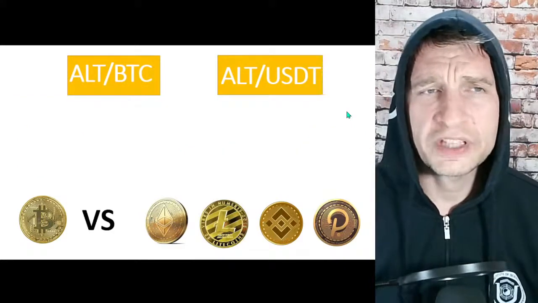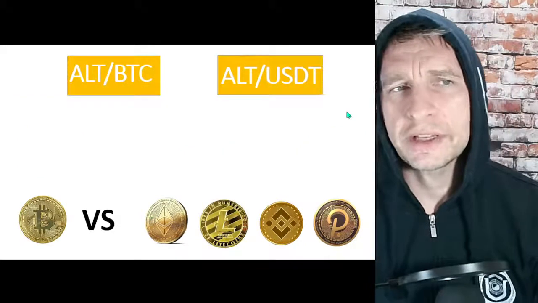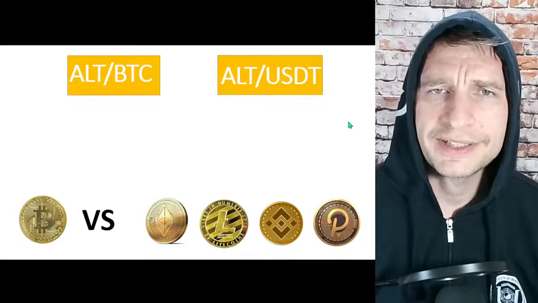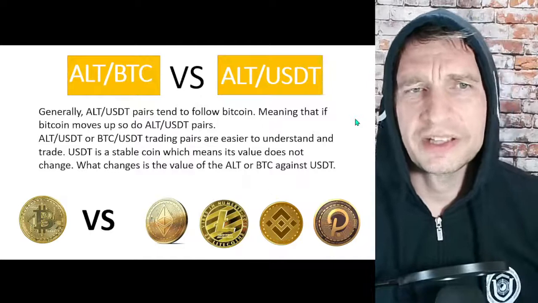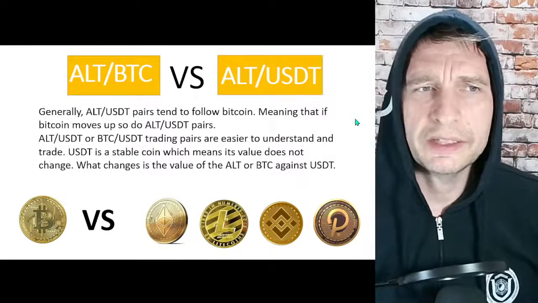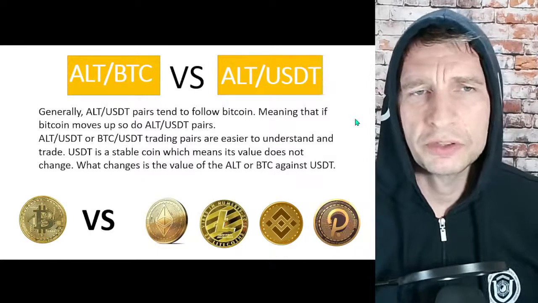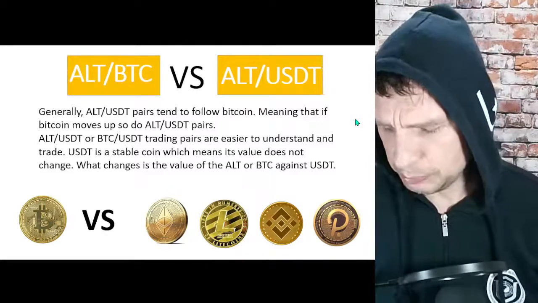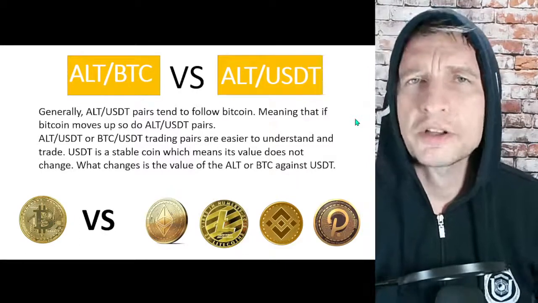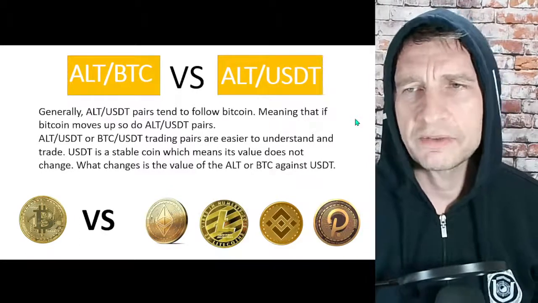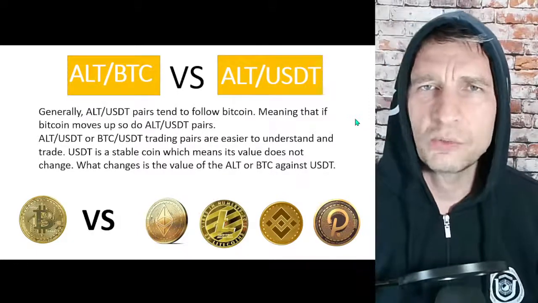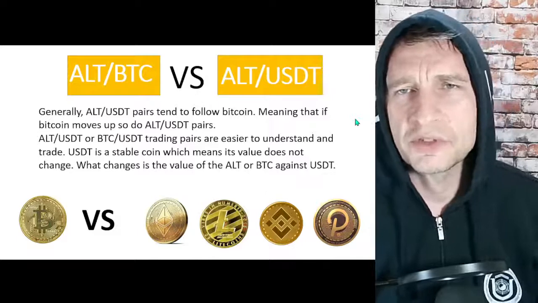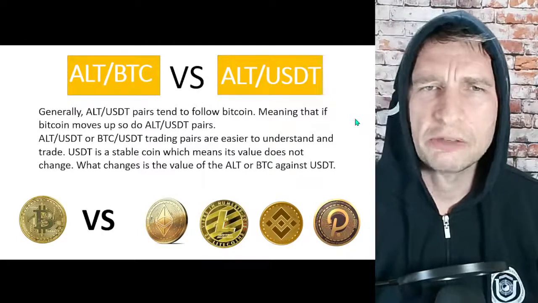So when is it better to trade in alt BTC or alt USDT pairs? Generally, alt USDT pairs tend to follow Bitcoin, meaning that if Bitcoin moves up, so do alt USDT pairs. That's pretty much a given, though it's not across the board. Sometimes certain coins move down while Bitcoin goes up, and oftentimes they pump when Bitcoin goes down.